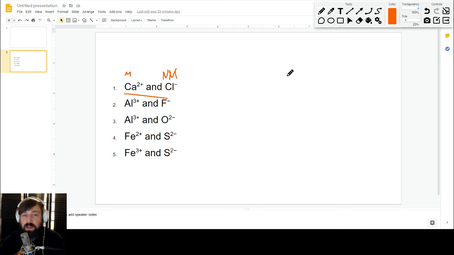Covalent compounds, like H2O, are going to be a non-metal and a non-metal. Not 2 metals; 2 non-metals is going to be your covalent. These guys are your ionics.